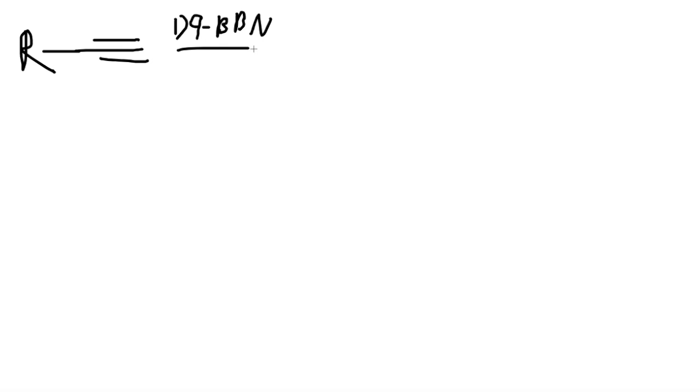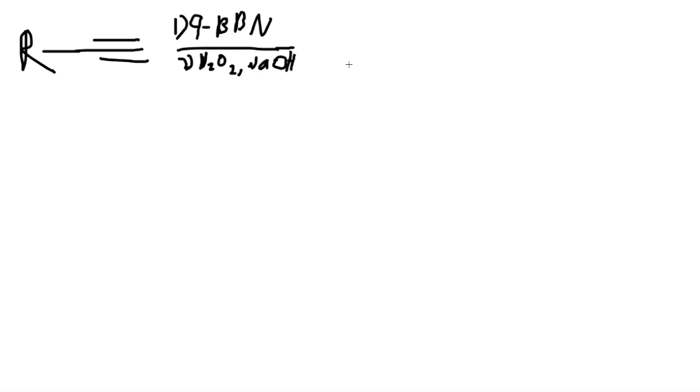So in drawing its mechanism, let's start with the basic structure. You have an R group and a terminal alkyne, and this is reacting with the same reagents we have been using: 9-BBN over H2O2 and NaOH. Many other textbooks use different reagents; this is the one we'll be using for today.